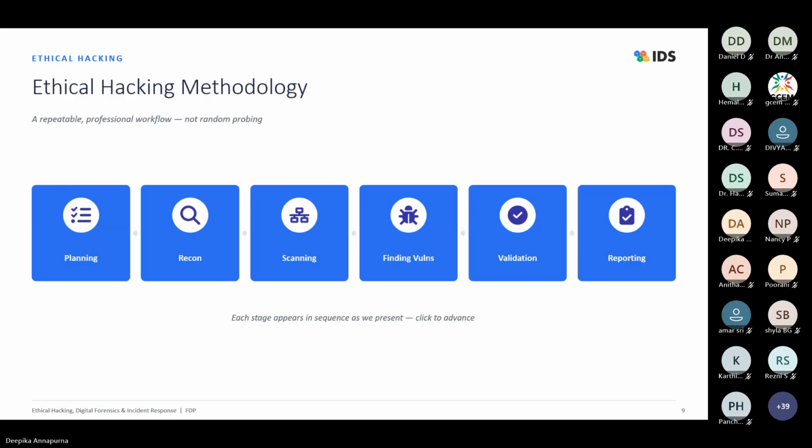In the third step, while scanning, they will be finding which vulnerabilities are there and what things need to be scanned. In the fourth step, they will be finding the vulnerabilities. The tester will identify the weaknesses in the system, such as outdated software, whether he can perform SQL injection on databases, insecure APIs, weak credentials.